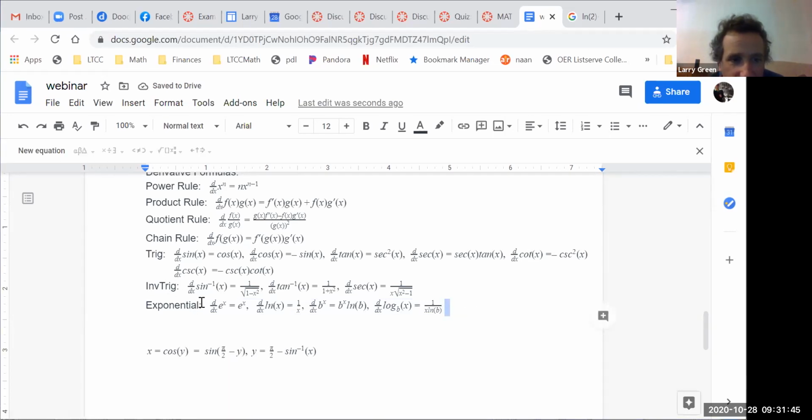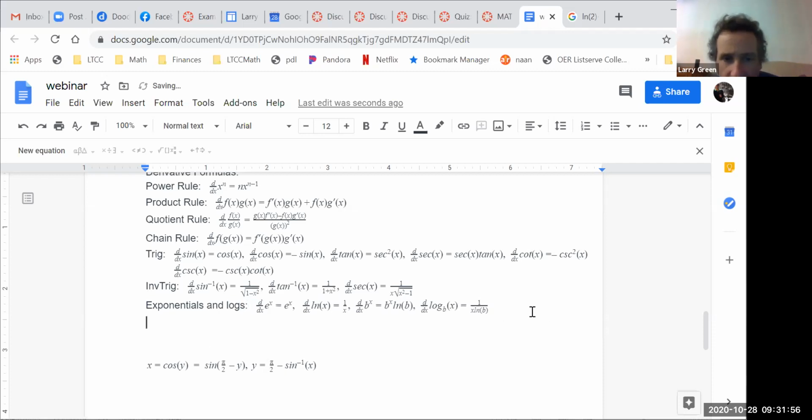So those are exponential and log. Because that's what they really are. Any questions on those? A lot of formulas.